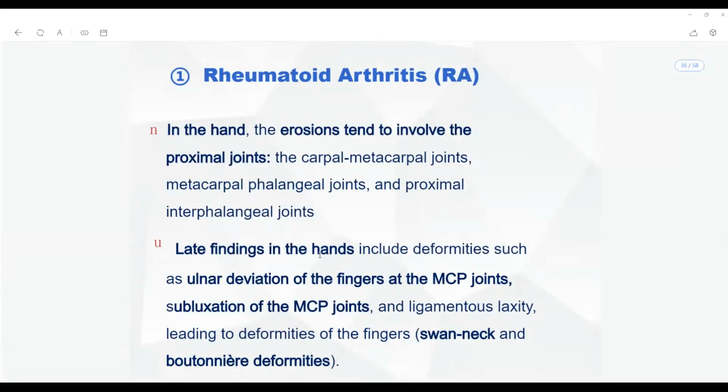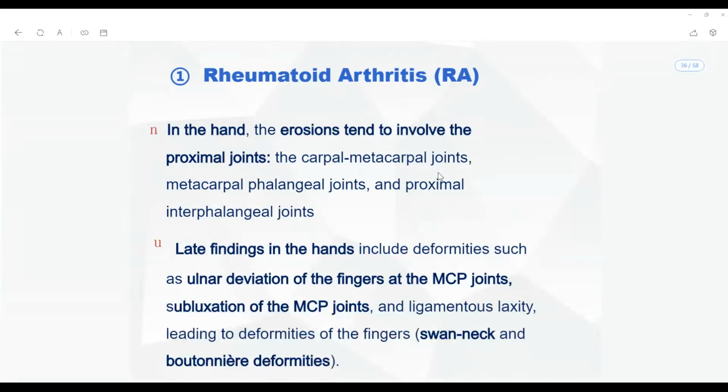Now, the particular thing we are trying to differentiate: the erosions are present in the proximal joints. Do not ever forget this simple point. What are the proximal joints?